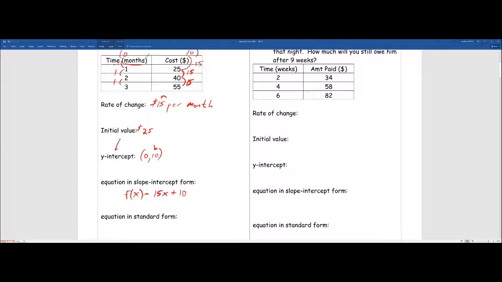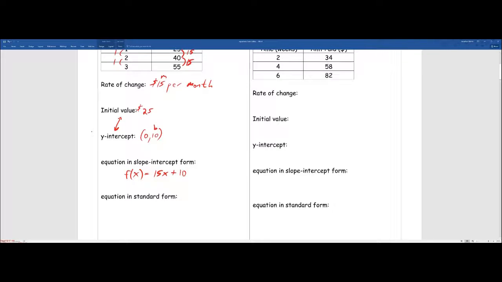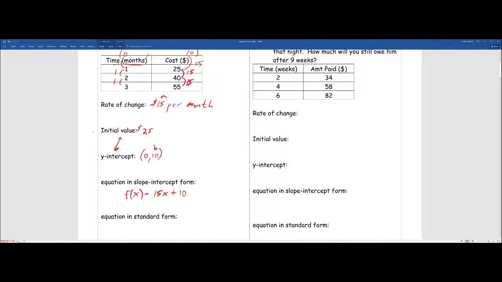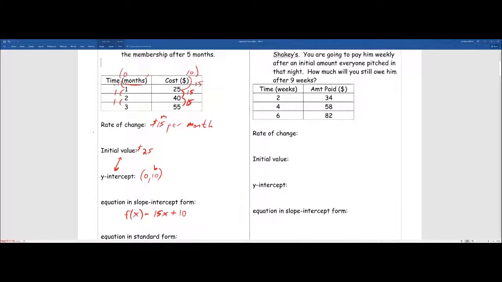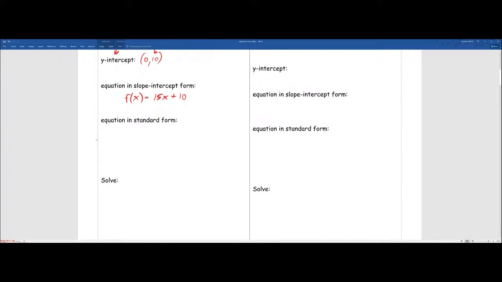Notice how the initial value is not exactly the same thing as our y-intercept. Initially, it only costs us 25 bucks, right? But again, if you were actually graphing this, you'd be like, okay, where's my intercept?